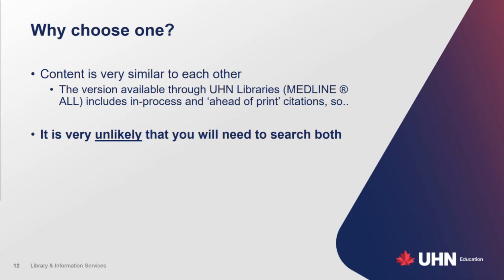So if you're using Medline through UHN, you really don't need to search both. If you're using a different version through a different institution, there might be minor differences, but you would still probably choose only one. So for today's workshop, we're actually going to be comparing the interface and its features instead of the content.